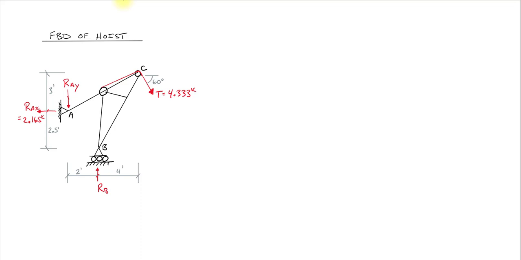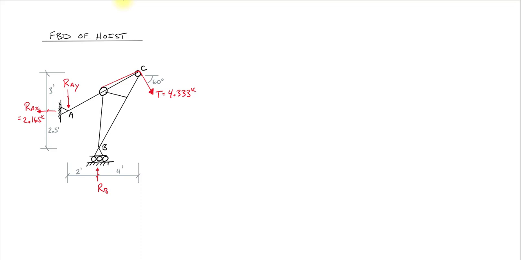And so we can do what? We can sum moments to get one of the vertical unknowns. That means we need to either sum moments at A or at B. It really doesn't matter which one. I'm going to pick sum of moments about A, because then RAX has fewer terms in it because RAX passes through A. You could easily sum moments about B as well.